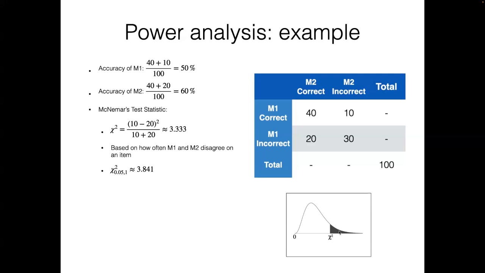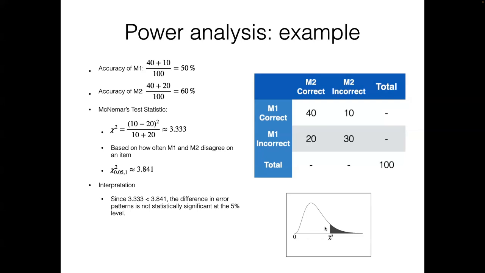Otherwise, if it's to the right, you would reject the null hypothesis at the p-value of 0.05. In this case, 3.3 is less than 3.8 over here. So the difference in their error patterns might just be due to random chance, and you can't reject the hypothesis that they're the same and that we're seeing this observation just due to random chance.